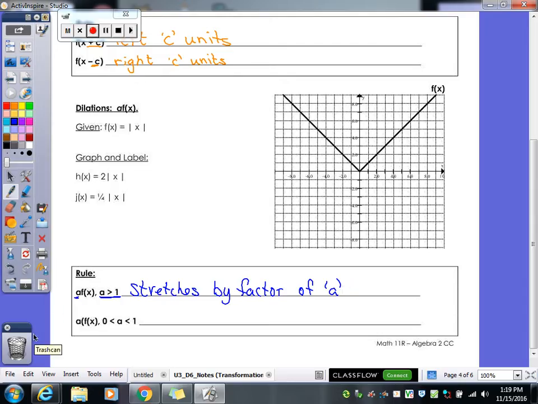So whatever number a is, you're multiplying. If it's between 0 and 1, that means it's a fraction, like 1/4, 1/3, 1/2. This shrinks the graph by a factor, again, of a, whatever that number is.